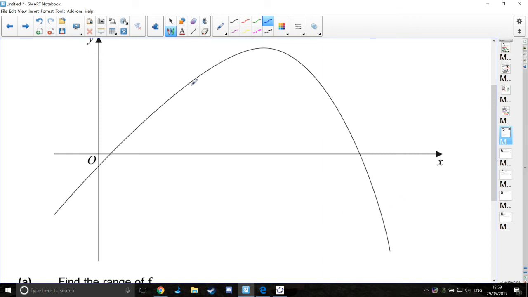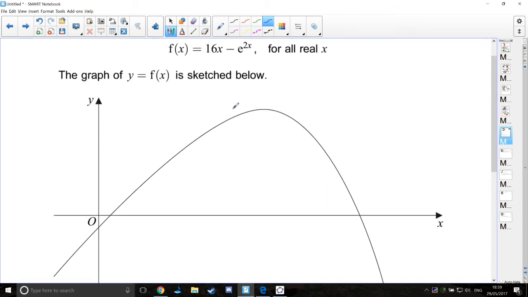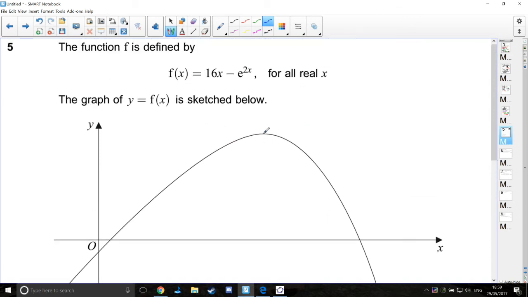The upper bound, however, the highest thing that this can be is at this maximum point of the curve, which is somewhere around there. So that's what we're going to look for. That's the solution to this range problem, is working out the maximum there.